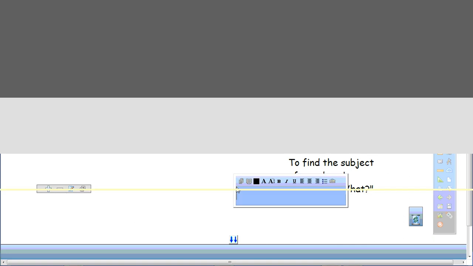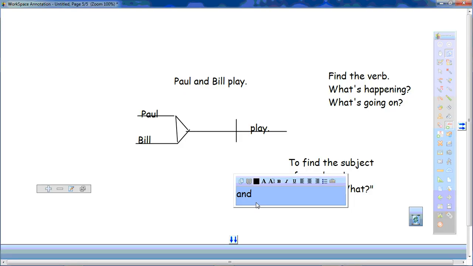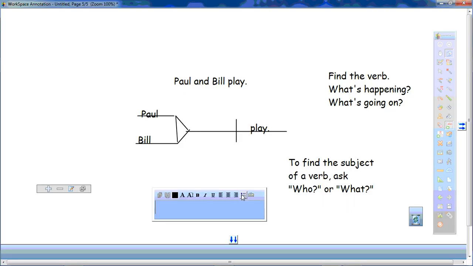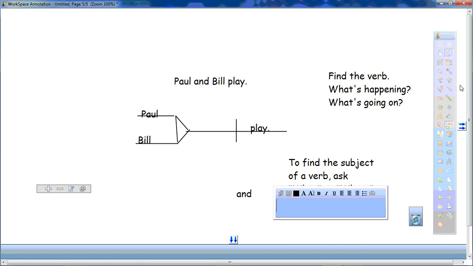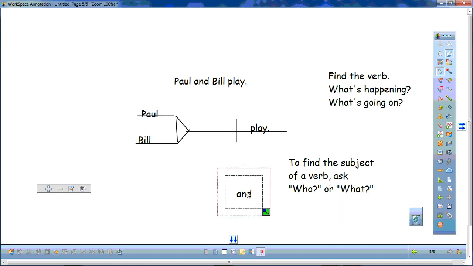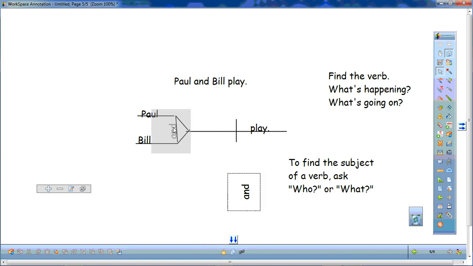And then we have to do and, and when we do that, we have to make sure that we rotate it. If you're writing it, you don't have to rotate it, but you'll just write it by turning the paper probably. And there you go. So now when I look at that sentence, I can say Paul and Bill play, which is exactly what I wanted to say.